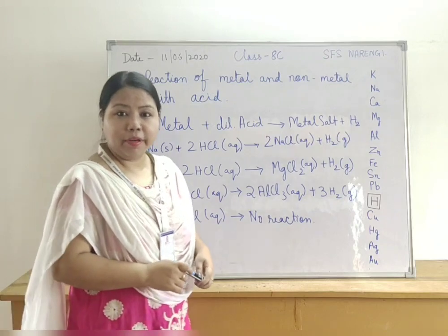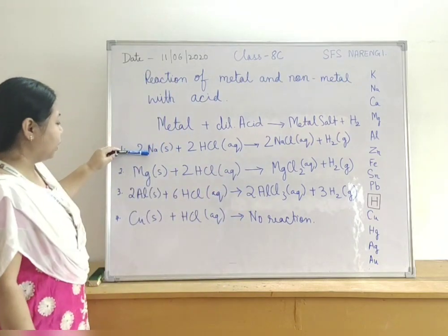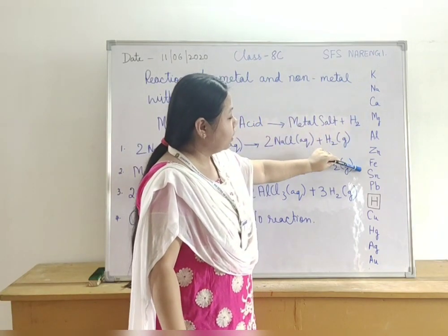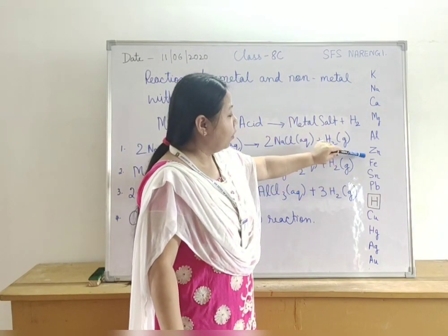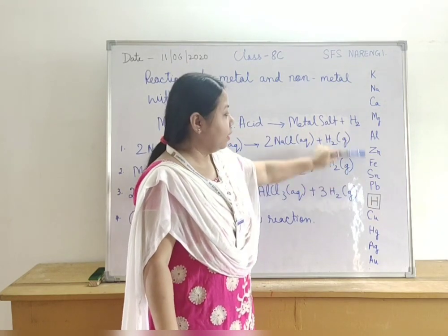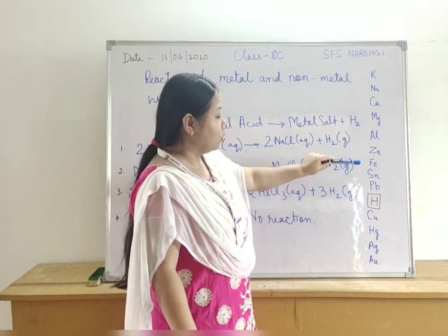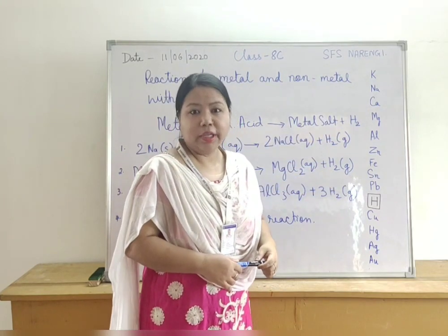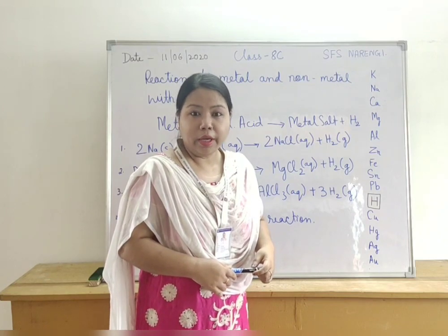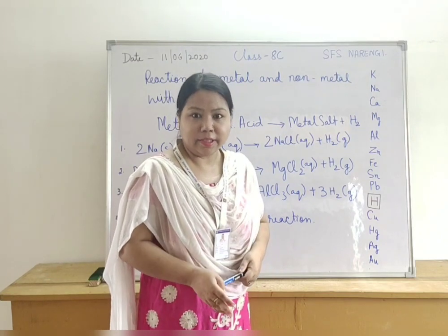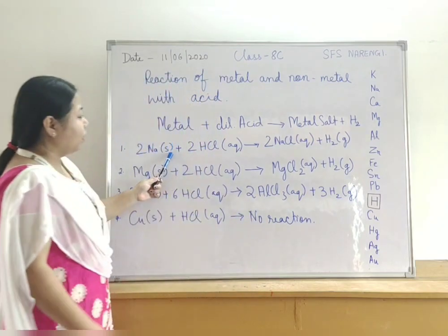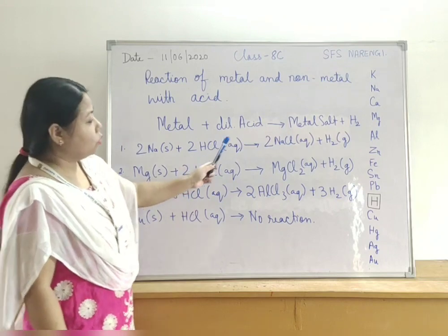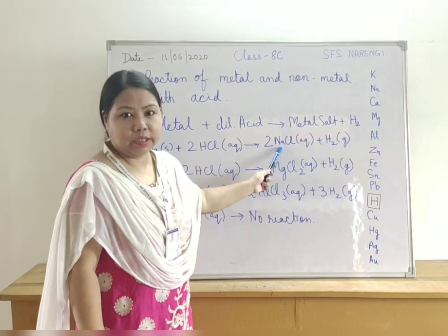Why does that happen? You'll find that sodium, magnesium, aluminium are placed above hydrogen in the reactivity series. Yes, so the metals which are placed above hydrogen in the reactivity series will react with acids, because here sodium is displacing hydrogen to form sodium chloride.